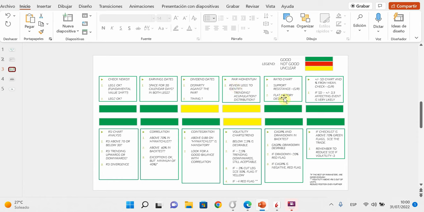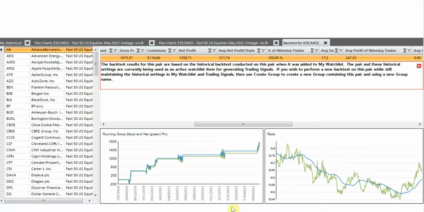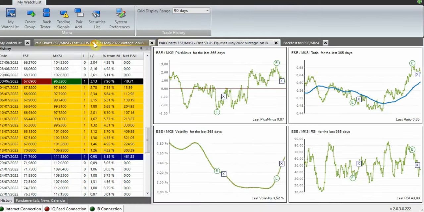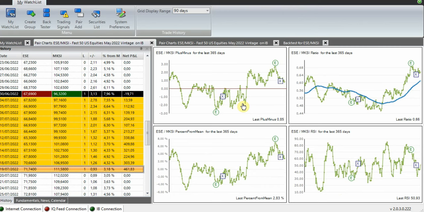The ratio chart, the percentage from the mean, and the standard deviation charts show the signal above the resistance level. Let me show you here, where you can see it easily. So you can probably determine that this is a resistance level. Our signal was slightly above, so we think that reversion to the mean is something very possible.